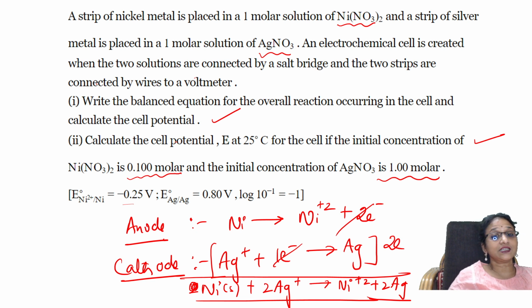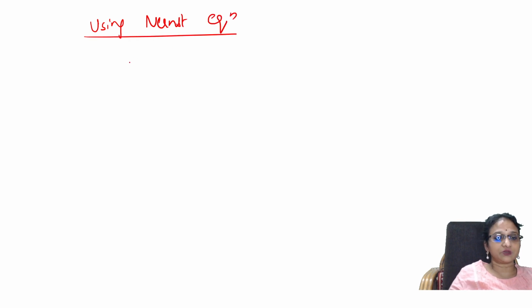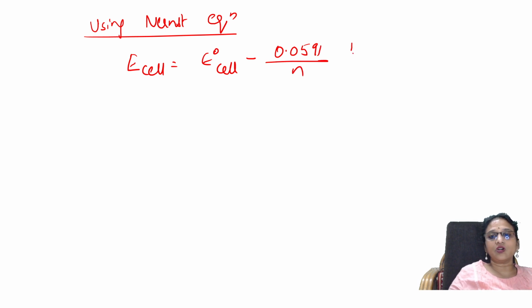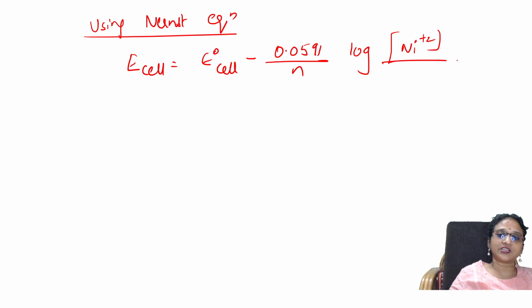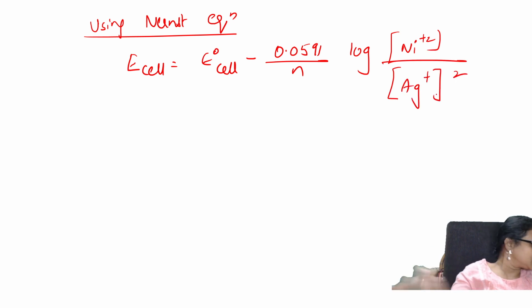Then I should calculate the cell potential value. To calculate the cell potential, I'll be using the Nernst equation. Always cell potential I can calculate using the Nernst equation. This is the formula, by log. What is oxidized? Nickel. What is reduced? Silver. How much is the coefficient? 2.